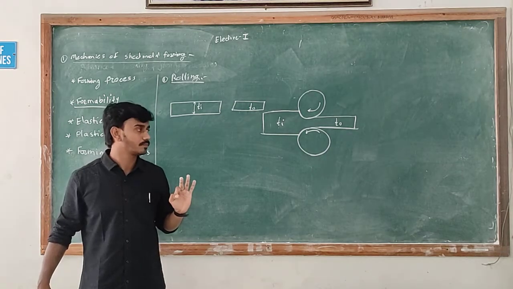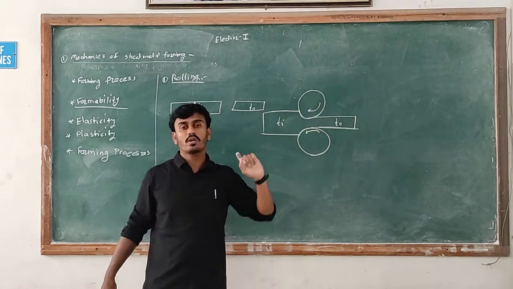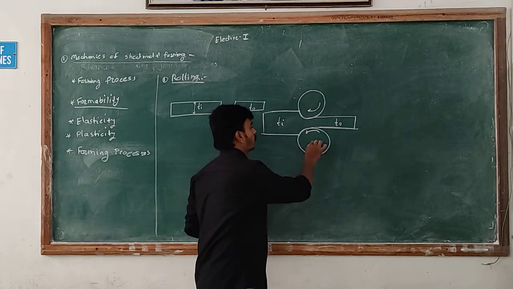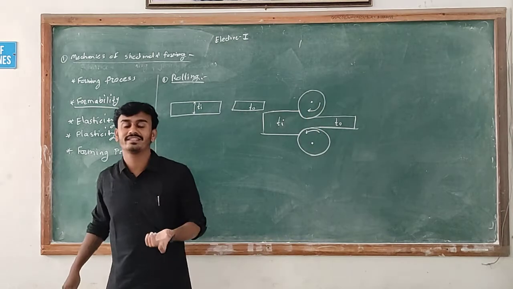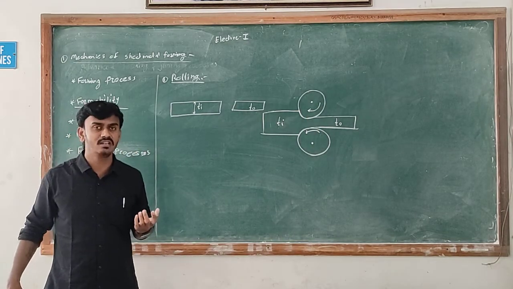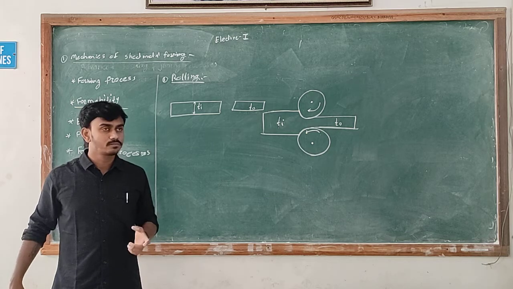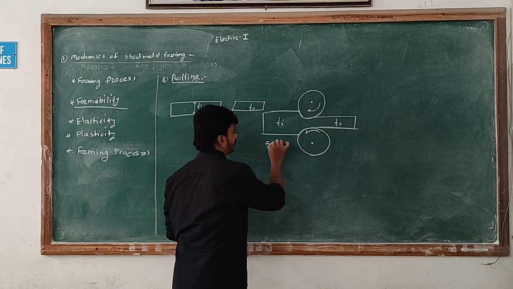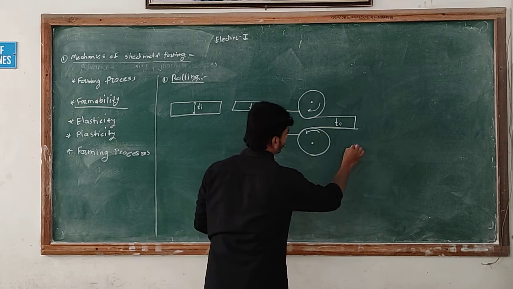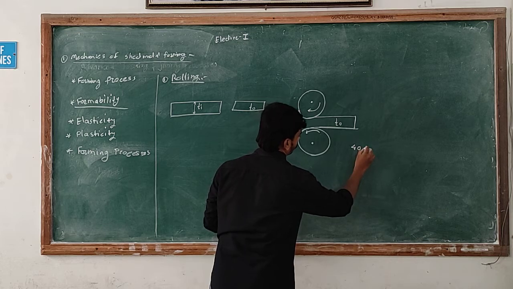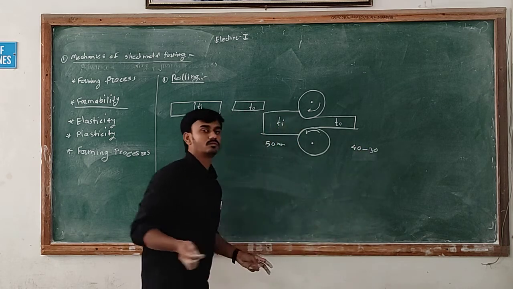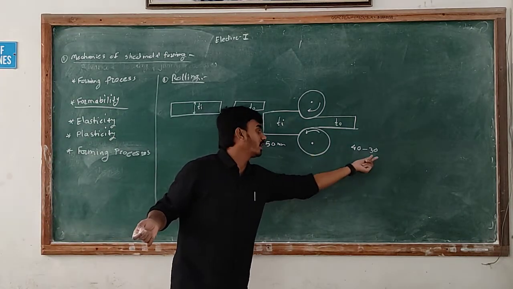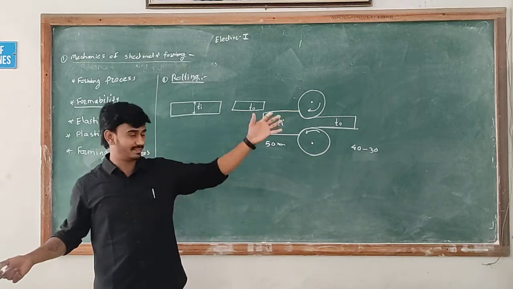In the rolling process, out of these two rolls, one roll is fixed and one roll is adjustable. Why is this adjustable roll there? Suppose the initial thickness is 50 mm and I want to convert it into 40 to 30 mm, meaning I want sheets in a range of 40, 30, 32, 34, 35, 36, like this.